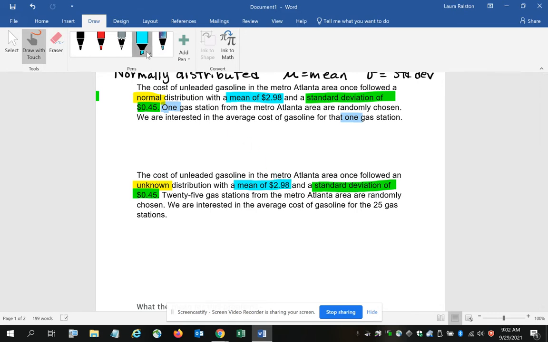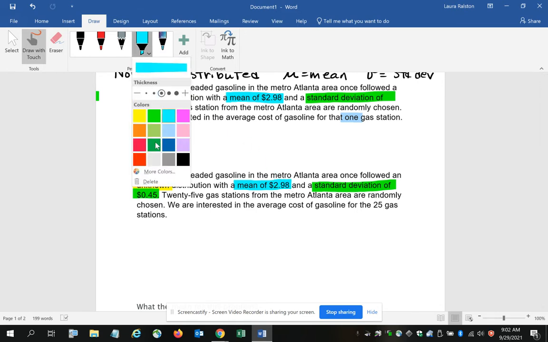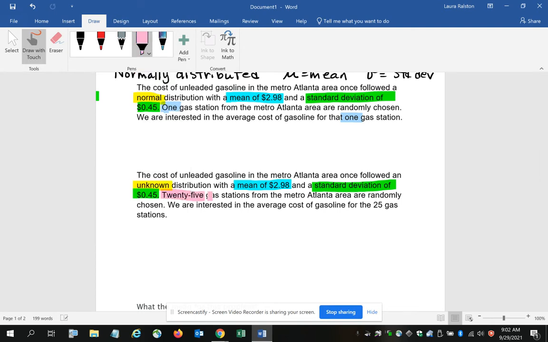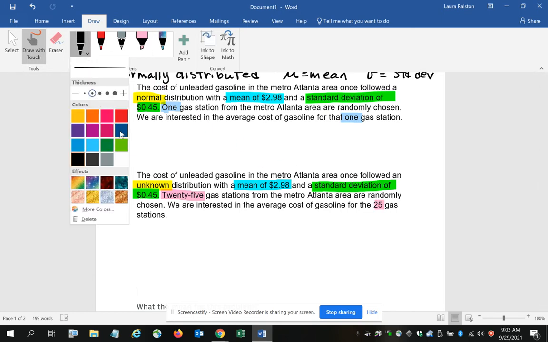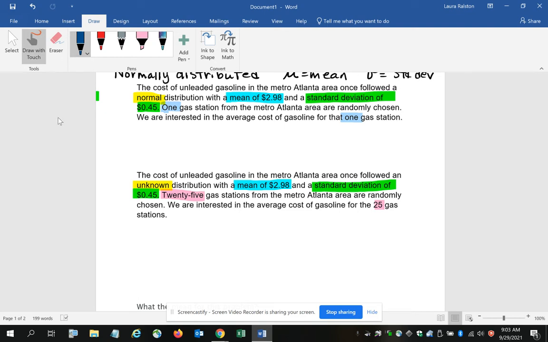The other piece that is different is that it tells us we're going to select 25 gas stations. And that's my clue that I'm possibly going to use the central limit theorem.